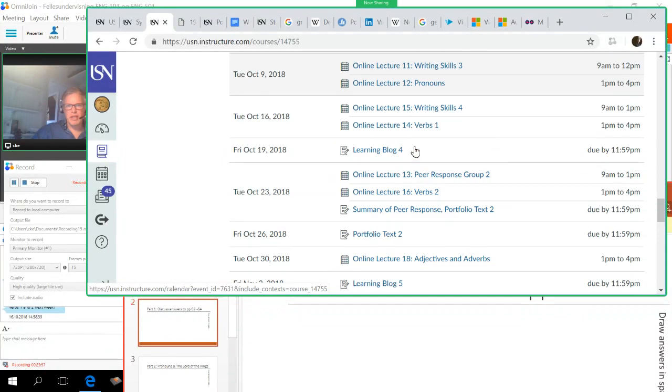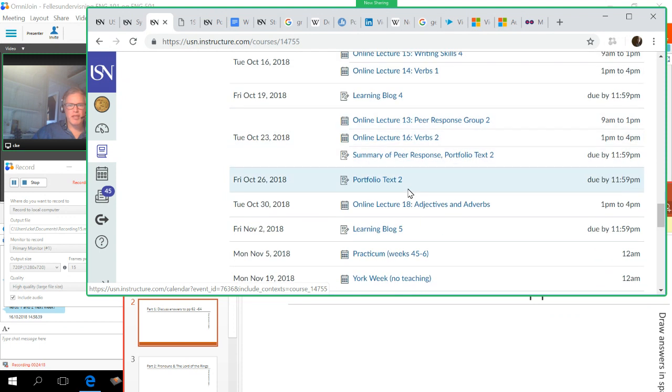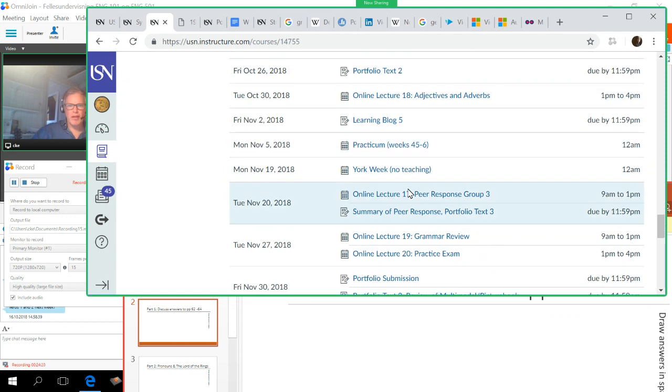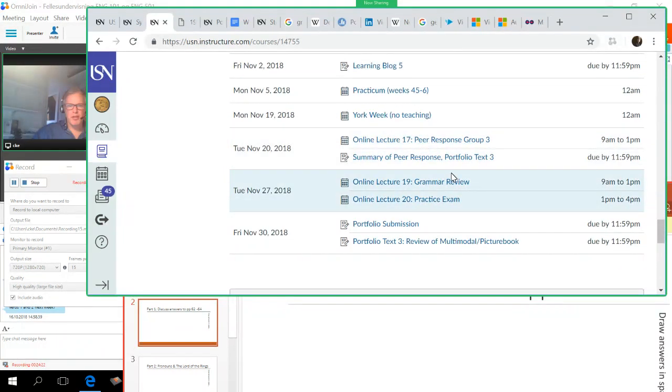Preparation for next time is going to be go away and get your sloppy copy ready to come in. I will post pronouns and verbs as Poll Everywheres. We'll do our peer response and we'll be doing grammar in action, that's for sure, both next time and the following session. Then you'll be doing your third peer response whilst I'm in York, and then we'll be coming back for a more double grammar trouble.